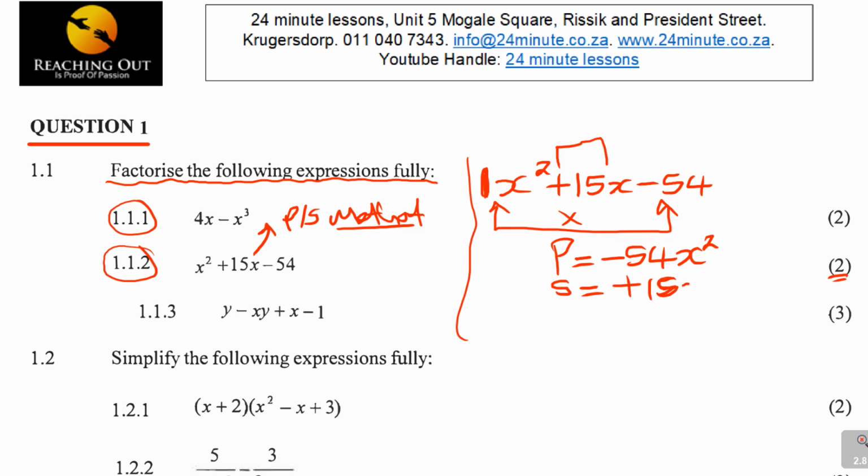Right, that's why I call it the product sum method. Now I need the factors of the product, which is 54.